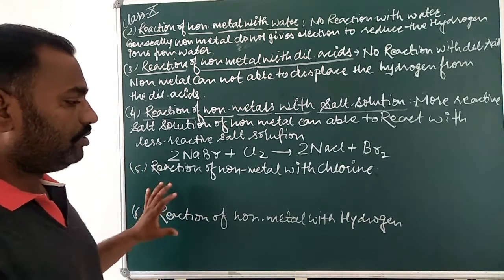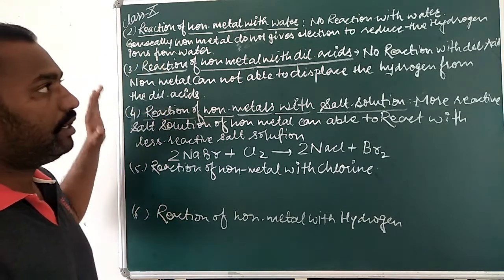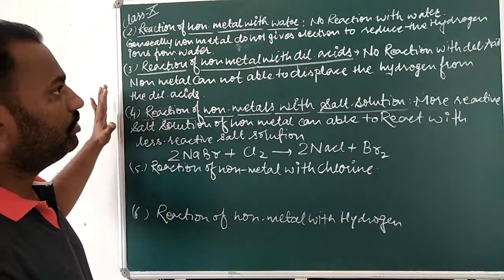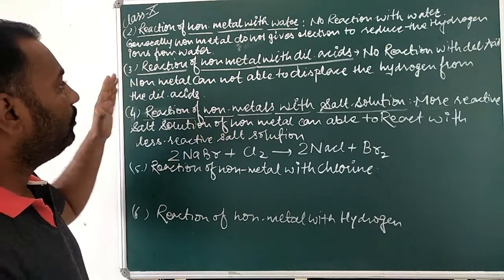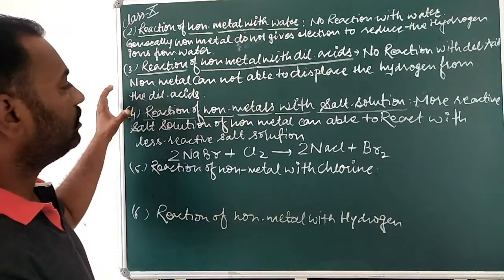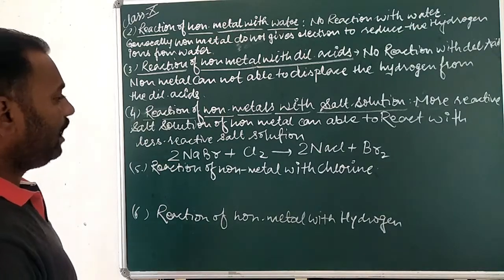So some reactions we can describe here. I think you are understanding. No reaction with water, because non-metals do not give electrons to reduce the hydrogen ions from water. No reaction with dilute acid, because non-metals cannot displace the hydrogen from dilute acids.